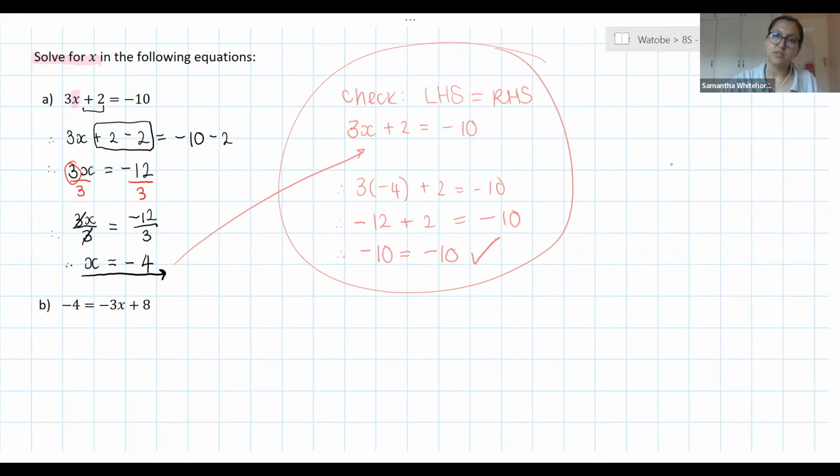Make sure you're dealing with your signs correctly. And remember, if you're not sure about your answer, substitute it back in to check that the left is equal to the right.